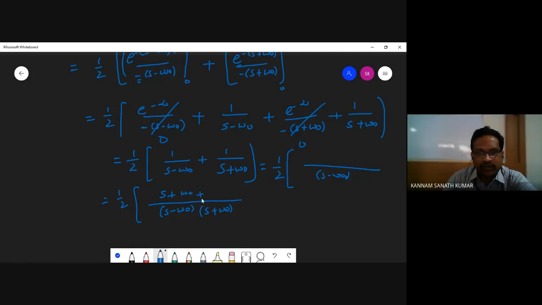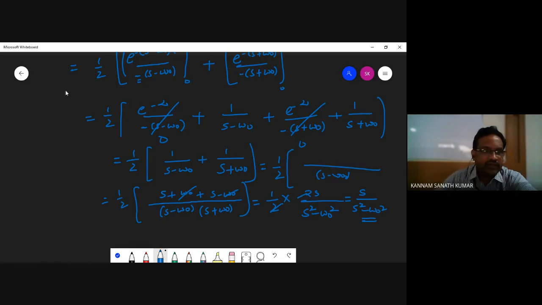So the numerator is (s plus omega naught) plus (s minus omega naught), and the omega naught cancels. We get 1 by 2 into 2s divided by (a plus b)(a minus b), which is a square minus b square, so s square minus omega naught square. The 2 cancels, so we get s by s square minus omega naught square.